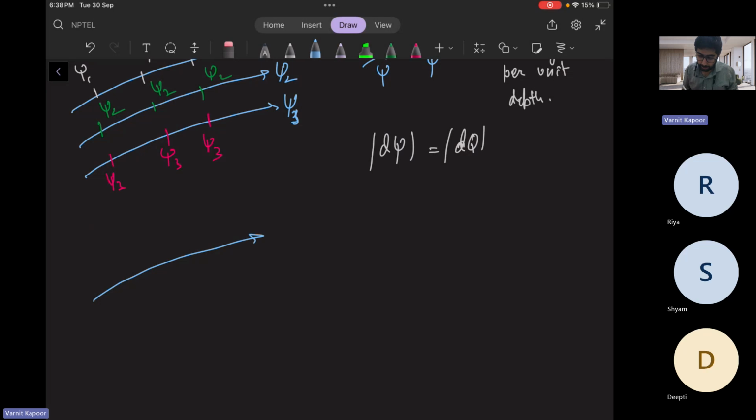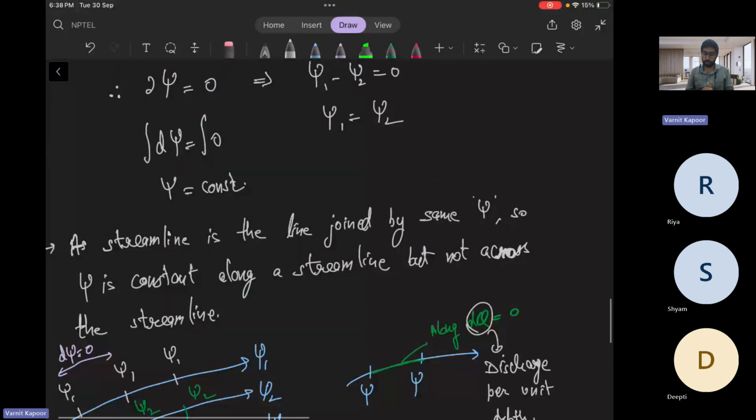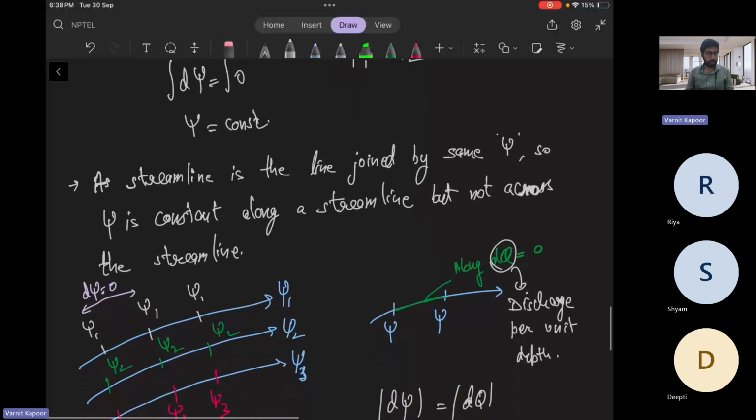So suppose I have a set of streamlines like this, psi 1, psi 2, psi 3. Across the streamline, there will be a discharge. So Q, the discharge per unit depth, is nothing but psi 1 minus psi 2. Along the streamline, the stream function psi is constant.